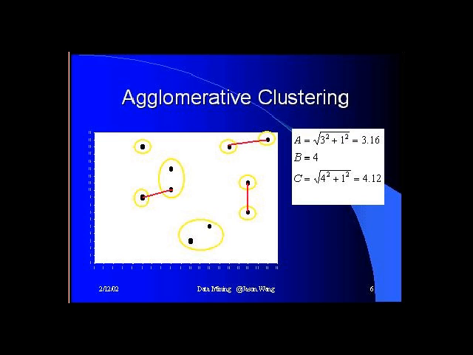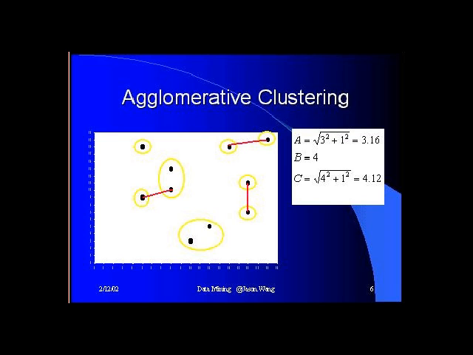The distance between these two clusters is the smallest value between the distance between these two data points and the distance between these two data points. It turns out that this has the smallest value. So that distance value is used as the distance between these two corresponding clusters. That's how I calculate the distance between clusters. I use the distance between data points to calculate the distance between the corresponding clusters. Any question?